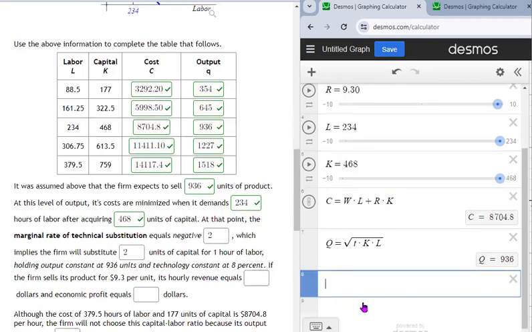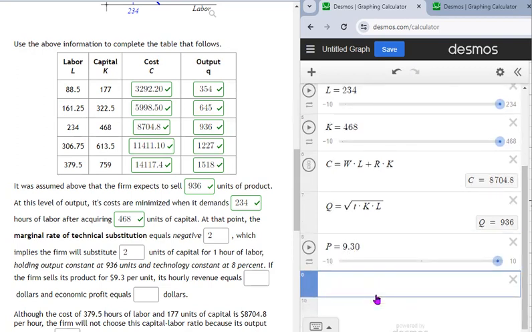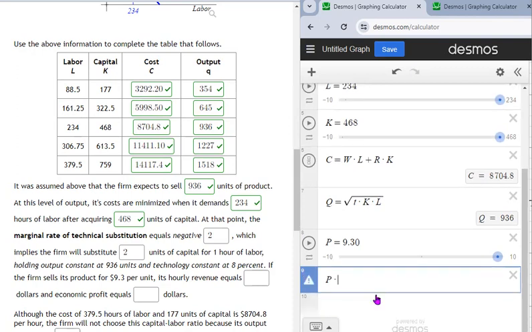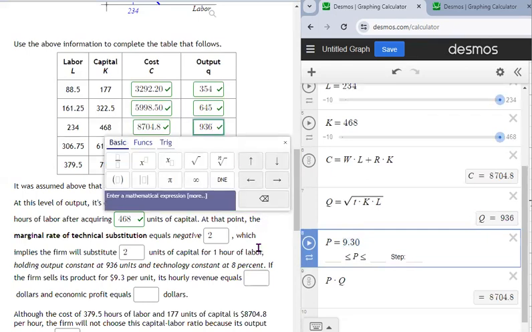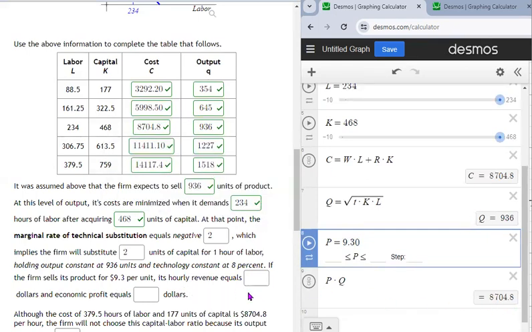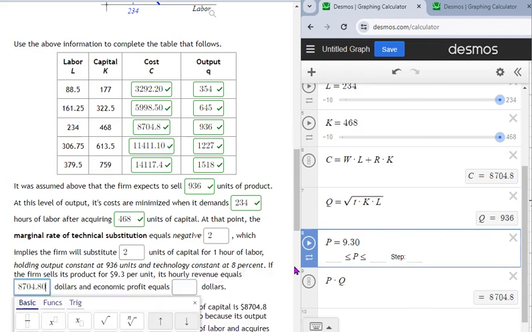If our price is $9.30, then our revenue is going to be P times Q, right? So Desmos is going to multiply this 9.30 times this 936, right? And hourly revenue is $8,704.80 per hour.